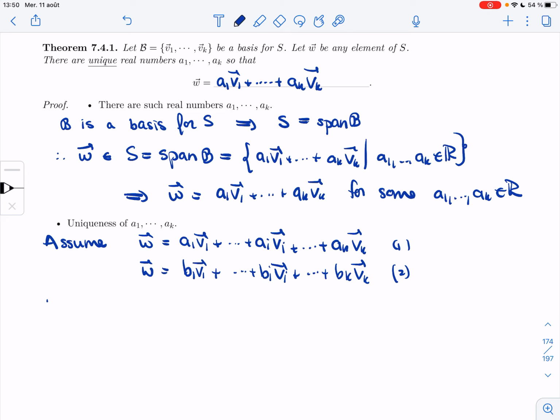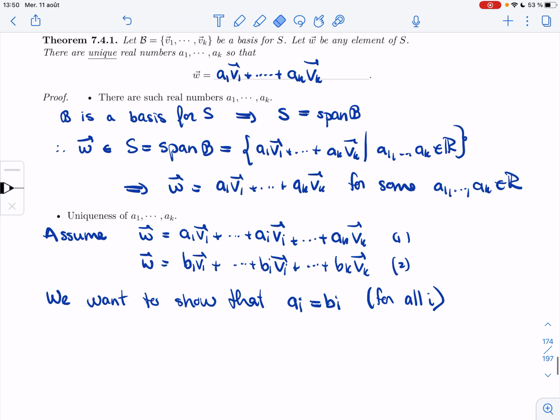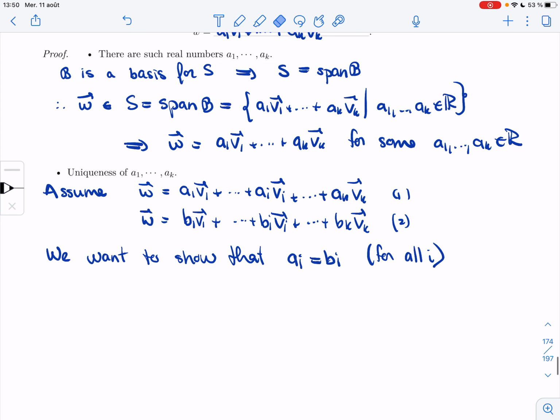So what we want is to show that AI equals BI, all right, for all i's. So really these two seemingly different ways of writing W as a linear combination are exactly the same. They're just labeled differently.